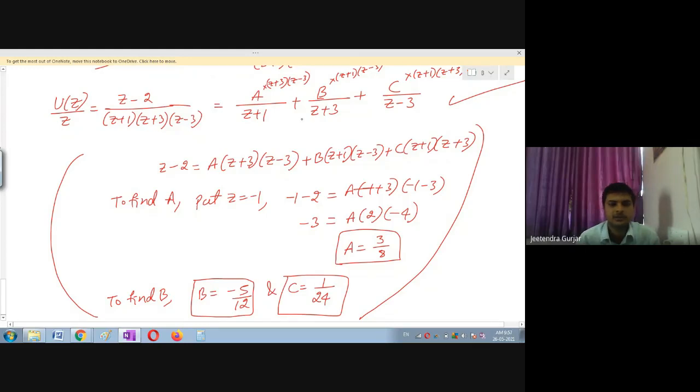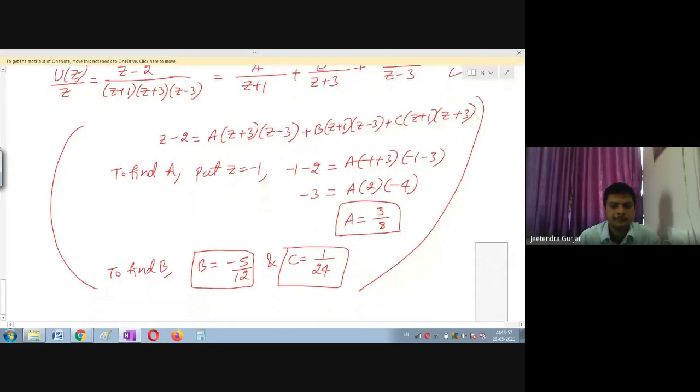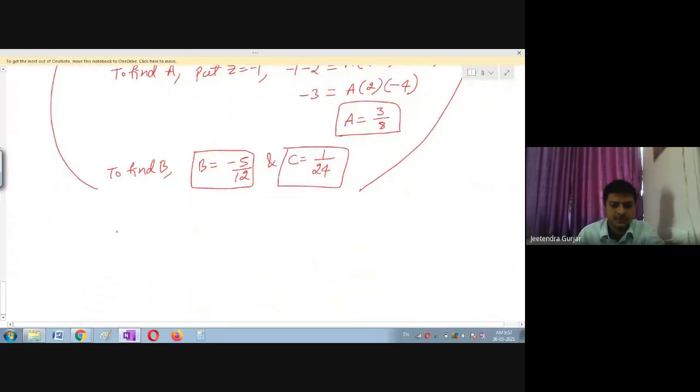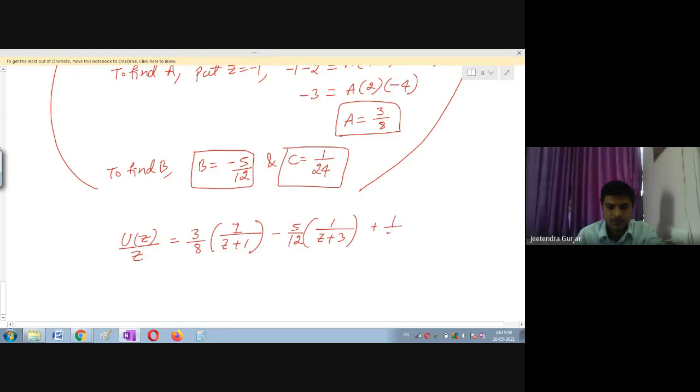So I will just put now, u of z by z is equal to 3 upon 8, this is going to become 1 divided by z plus 1, minus 5 divided by 12 times 1 upon z plus 3, plus 1 upon 24. For simplification, I have taken it outside, okay, students.